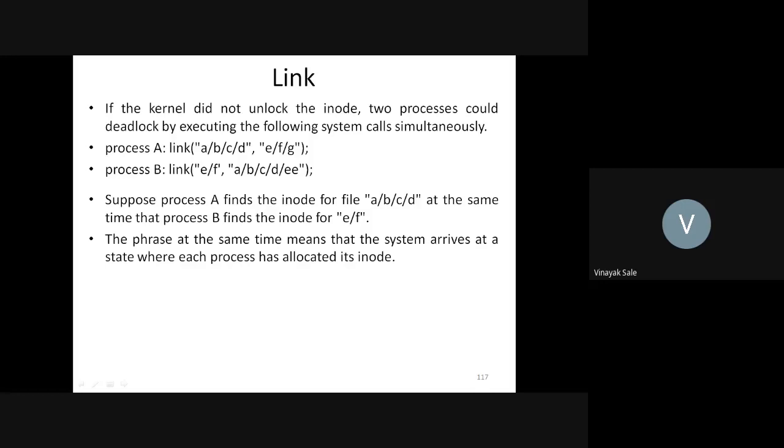Suppose process A finds the inode for file d, that is the path a/b/c/d. At the same time, process B finds the inode for the e/f file. So both processes find the inode for their source file. The phrase at the same time means the system arrives at a state where each process has collected its inode.